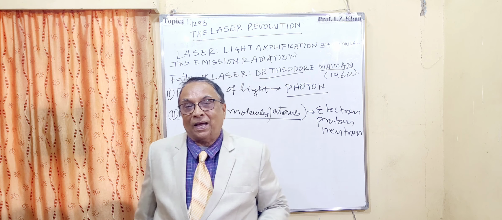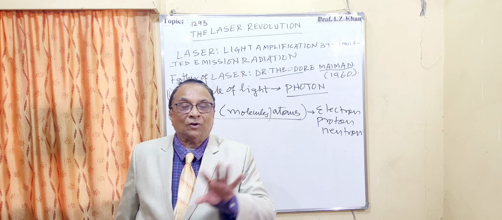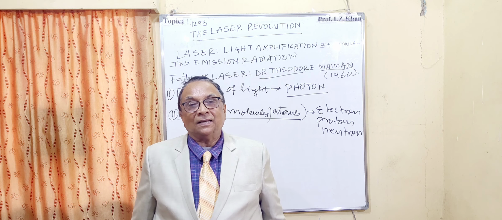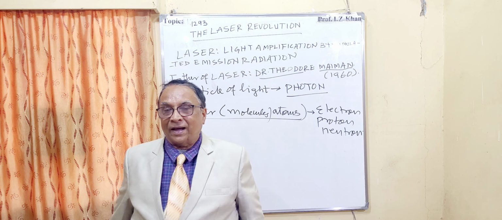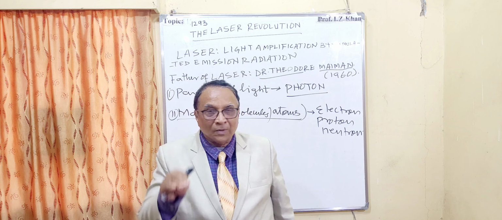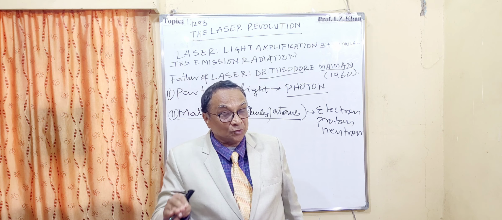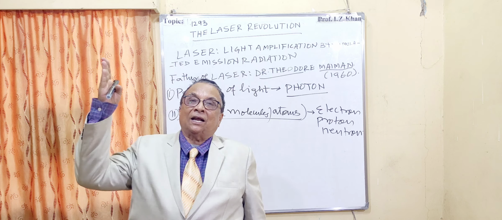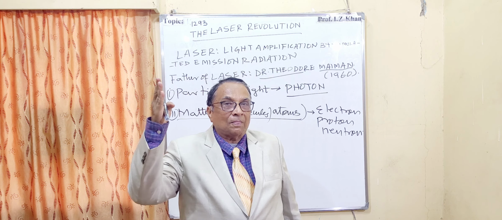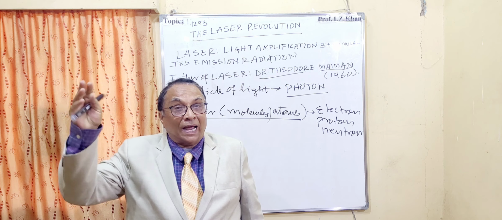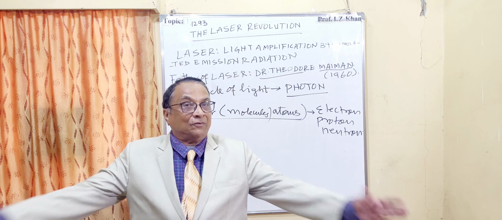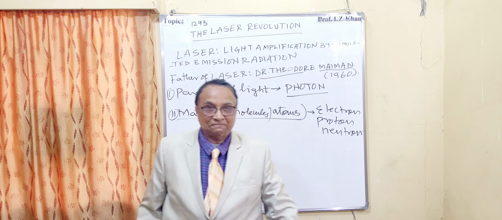If more is supplied, those electrons will be in an excited form. And if it is amplified, that electron will come down after some time to its ground or low energy level by emission of energy in the form of a photon, and that amplified photon, which is not visible, is called laser.